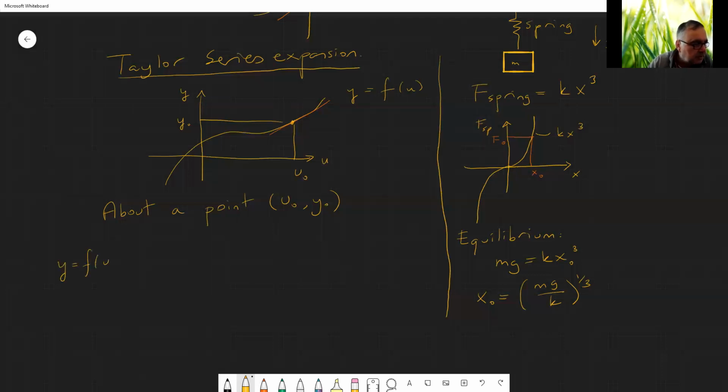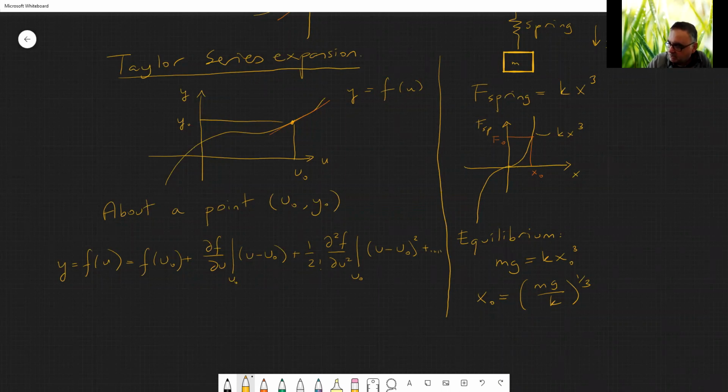Y equals f of u, as we know. Now we can expand this in Taylor series: f of u0 about the equilibrium, plus del f del u at u0 times u minus u0, plus 1 over 2 factorial del squared f del u squared evaluated at u0 times u minus u0 squared, plus it goes on like this.